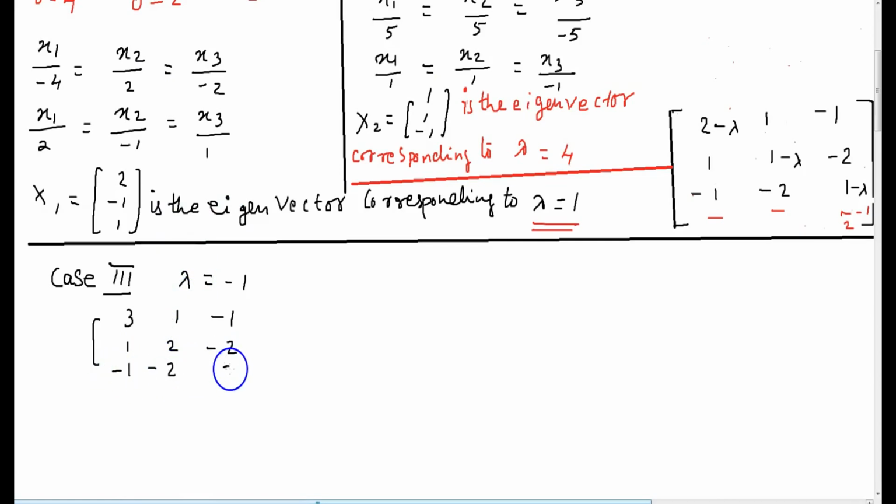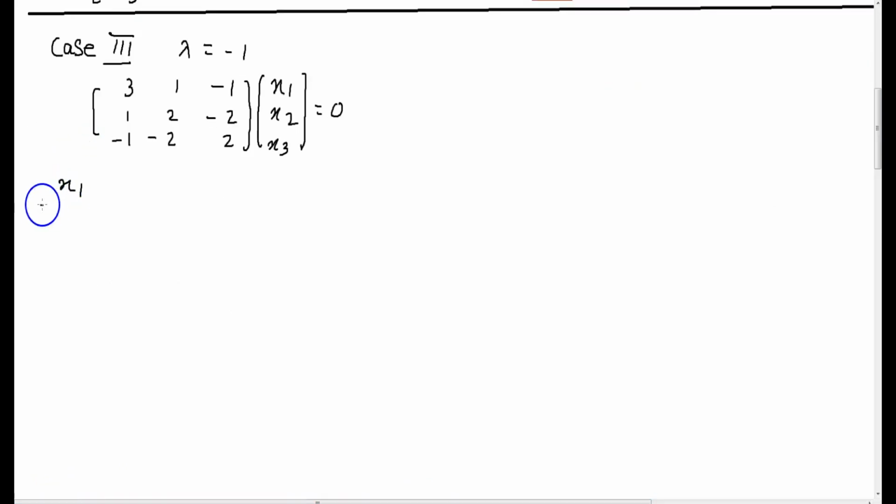And the third row is minus 1, minus 2, 2 into x1, x2, x3 equal to 0. x1 by minor of a11. Here minor of a11 is 2 minus 2 minus 2, 2, and cross multiplying we get 4 minus 4 equal to minus x2 by minor of a12.